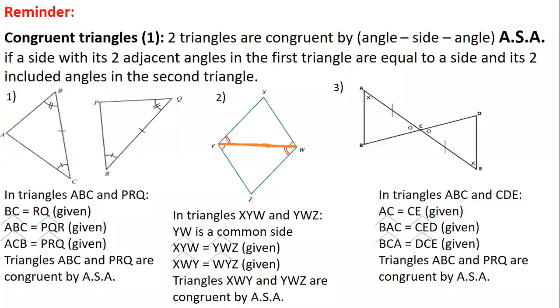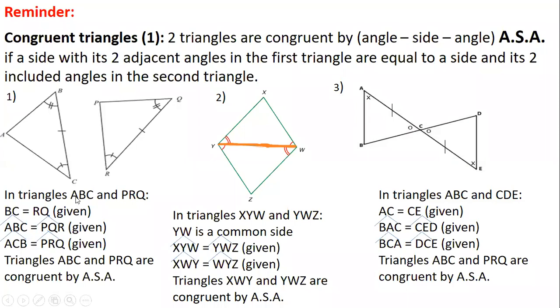No, we are done with the angle on vertex B. Now we have an angle on vertex C. Name it, Zainab, please. BCA. Yes, angle BCA is equal to which angle in the second triangle? PRQ. So these are the elements given. We have written them here. So BC is equal to RQ by given from the figure. Angle ABC is equal to PQR also by given. Angle ACB is equal to PRQ also by given.